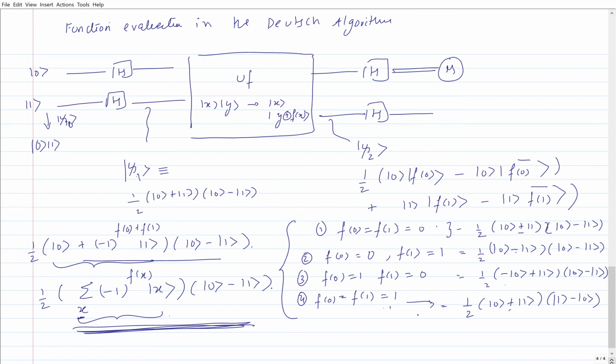So that's the idea. Now look at it. The bottom line is that the final state boils down to this, and I'll include the global phase also.